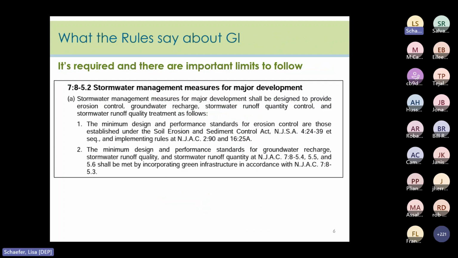In the rules, we can find this requirement where it's underlined in red on this screenshot of the rules. The yellow highlighted area right above the red underline is where it says the design and performance standards for groundwater recharge, water quality, and quantity control must be met using GI.